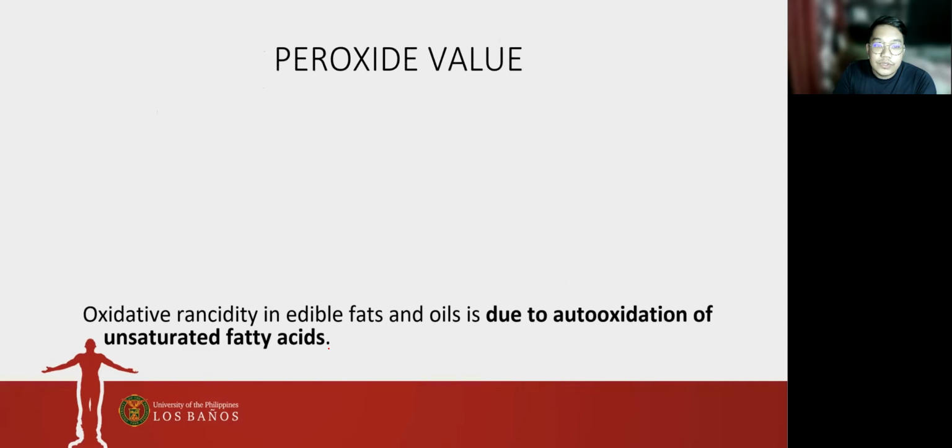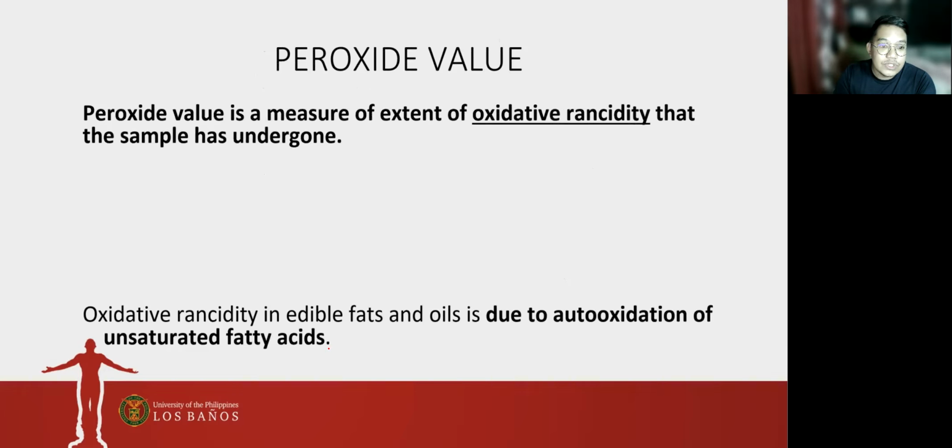Okay? So, to measure this, we make use of peroxide value. So, peroxide value is the measure of extent of oxidative rancidity that the sample has undergone. So, ibig sabihin, yung peroxide value natin ay yung value ng ating PV dun sa real time na nangyayari dun sa ating oil na if nag-oxidative rancidity na ba siya, ano yung corresponding PV niya at that time.